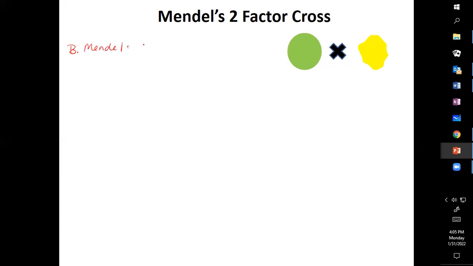So Mendel's second law is the law of independent assortment. It's the independent assortment of different genes.